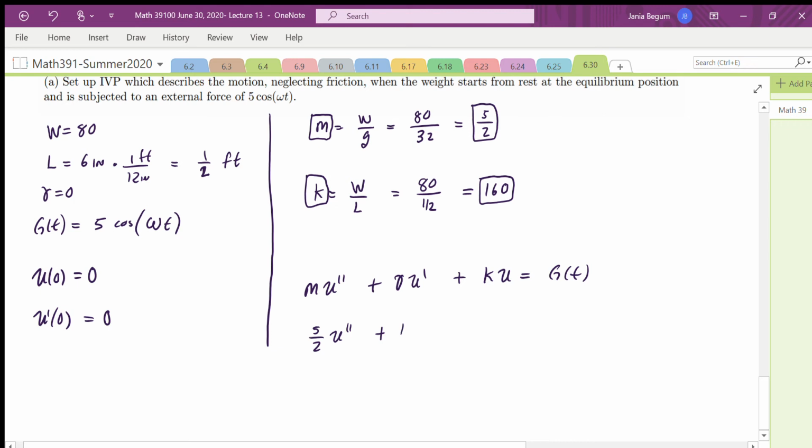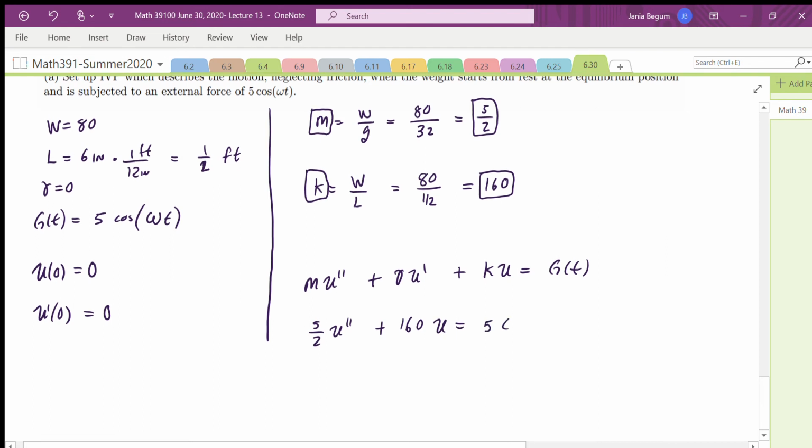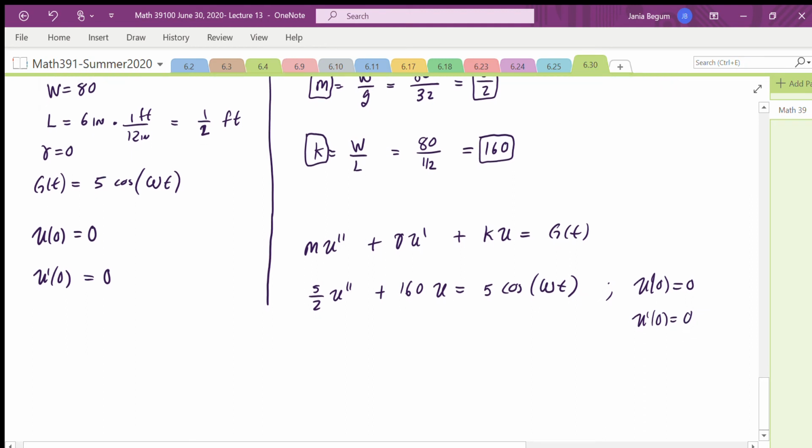And the last term we have 160 u is equal to 5 cosine of omega t. Now, along with the initial conditions, u of 0 is 0 and u prime of 0 is 0. Okay, so we have the setup.